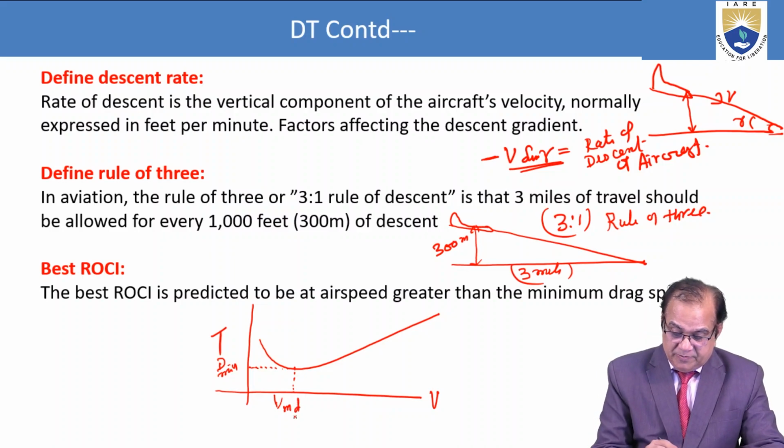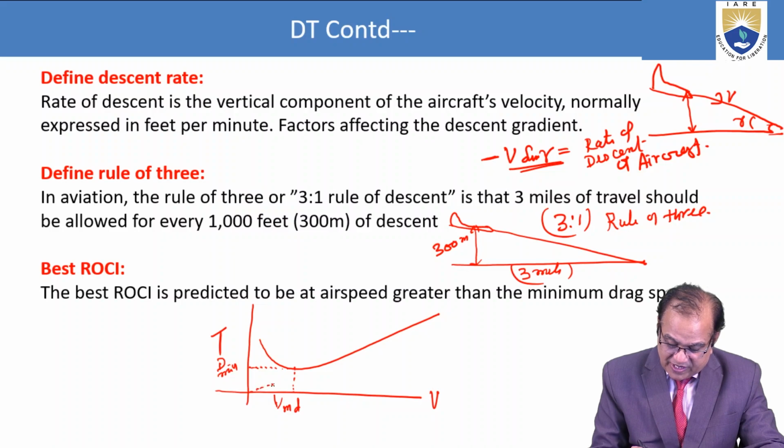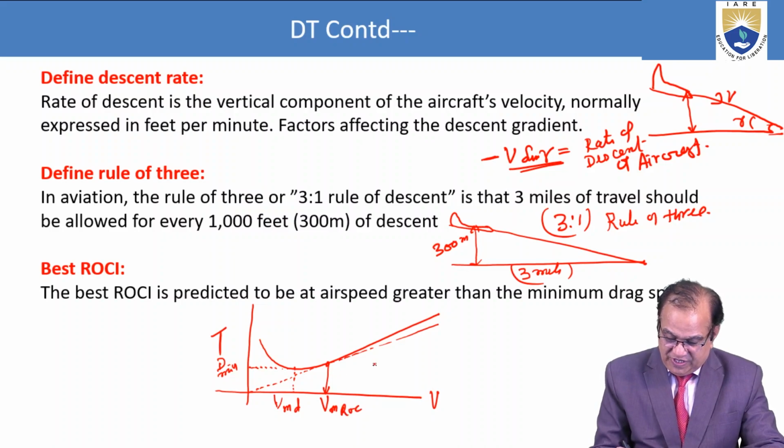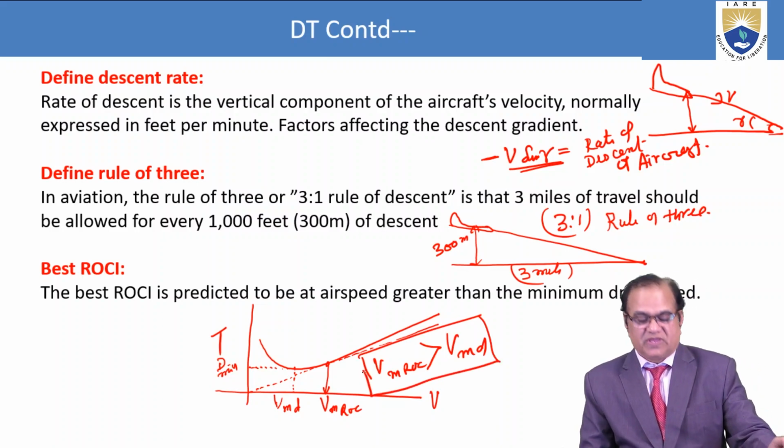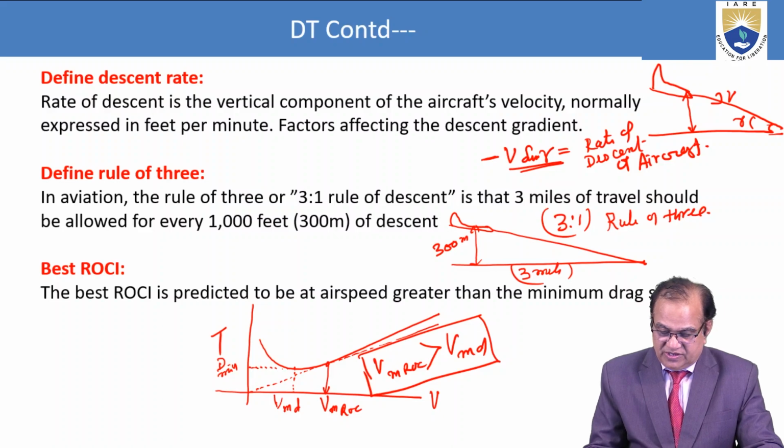But for the best rate of climb, if we draw a tangent to this, the tangent gives the V maximum ROC. So V max ROC is greater than VMD, maybe 10 to 20% greater. So the best rate of climb speed and the minimum drag speed are different.